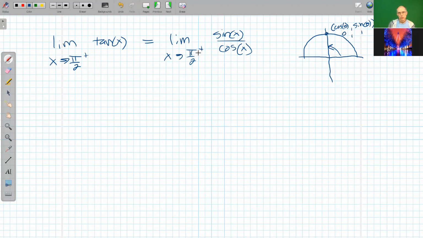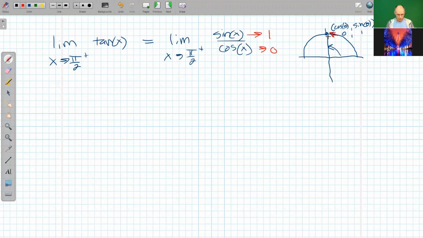So in the sine over the cosine, as x approaches pi over 2 on the right side, so that's from this side over here, I'm approaching that point from this side over here on the unit circle. The sine is getting closer and closer to 1, and the cosine is getting closer and closer to 0.